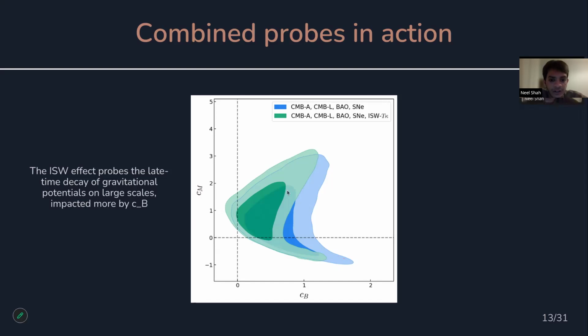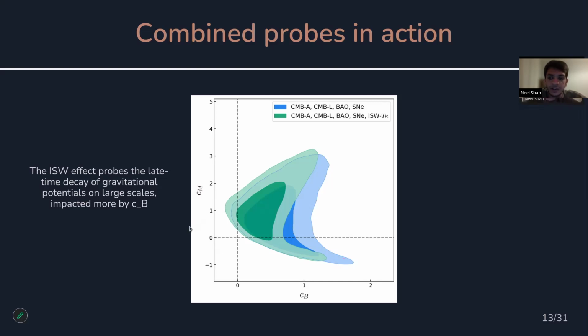Now these are our constraints when we add the Planck ISW likelihood to our minimal setup. And now we see some improvement in the constraints on CB, but we don't see much of a change in CM. The ISW effect probes something different than RSDs. It probes the decay of the two gravitational potentials at late times and on large scales.